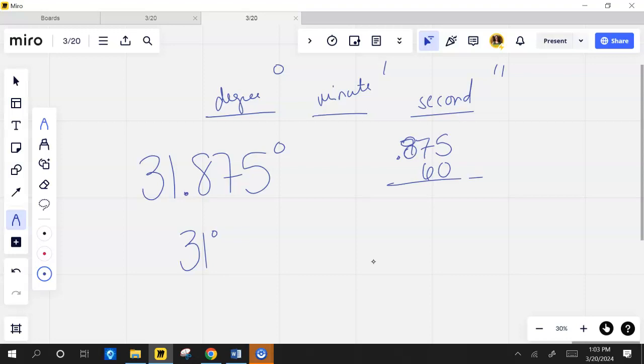There are 60 minutes in 1 degree. So if I've got 0.875 degrees, how many minutes is that? Well, that's 52.5 minutes. Again, I only want the whole number part.